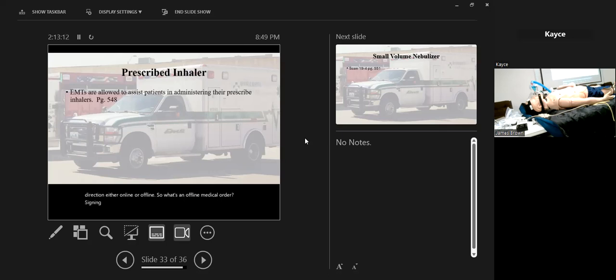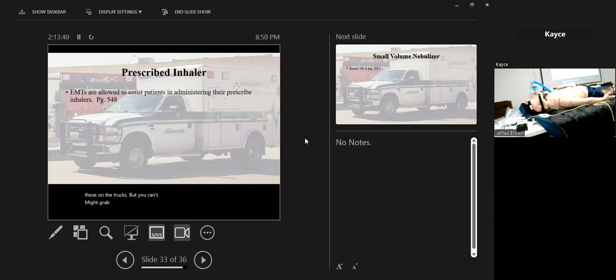There are certain drugs, and I'd have to look. I meant to do that today, but we got kind of busy. What you can do with these is assist the patient with their medications. We don't carry these on the trucks, and you can't grab someone else's medication and just give it to them.